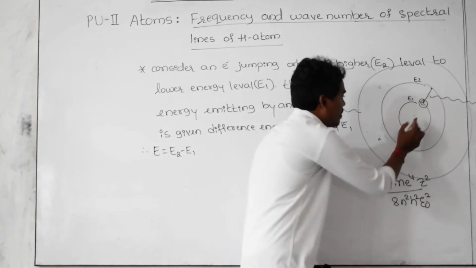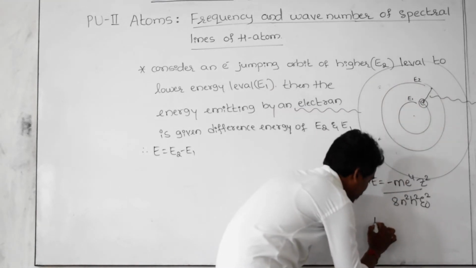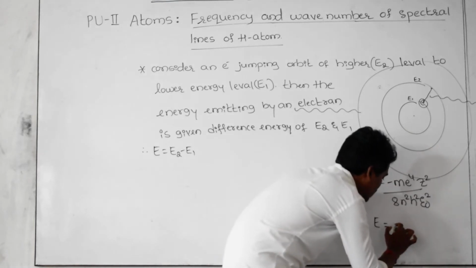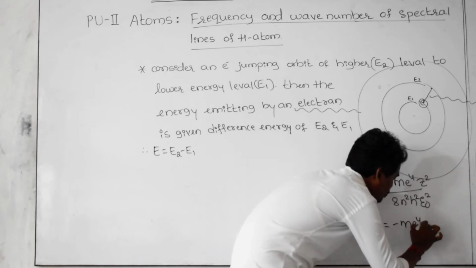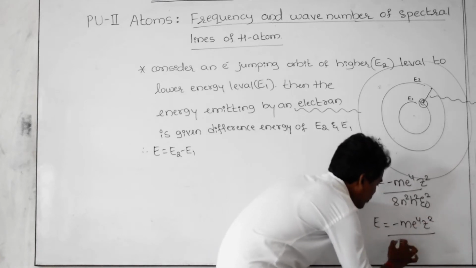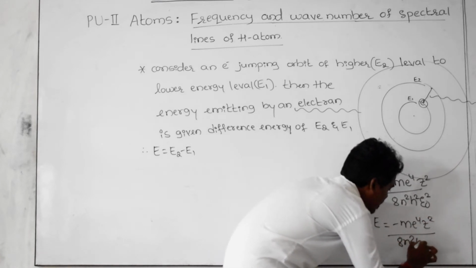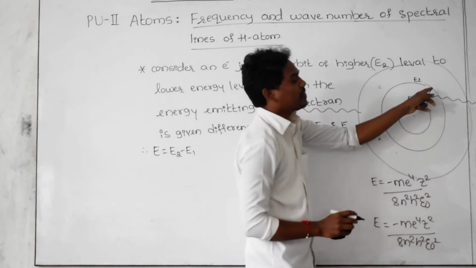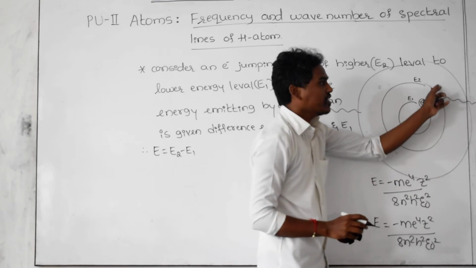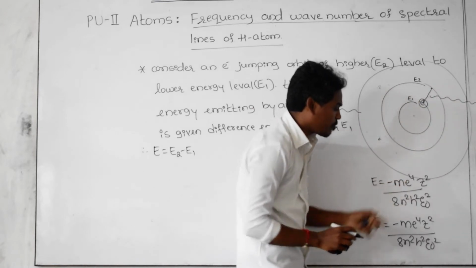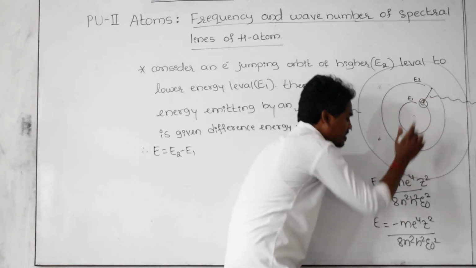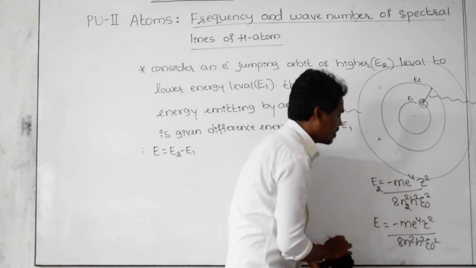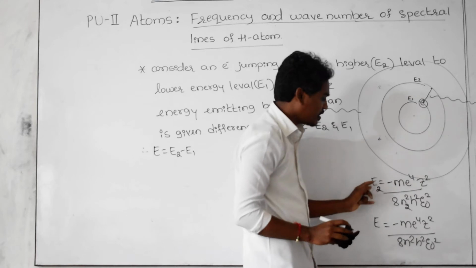Whenever the electron is revolving in the first orbit, its energy can be calculated by using the same formula, that is minus m e raised to 4 z square divided by 8 n square h square epsilon naught square. If the electron is present in the second orbit, its energy is calculated by using this formula, but the number of the orbit is second, so take it as n2 and it is E2. That means the energy of the electron in which orbit?